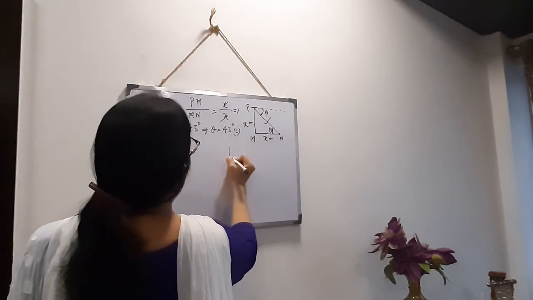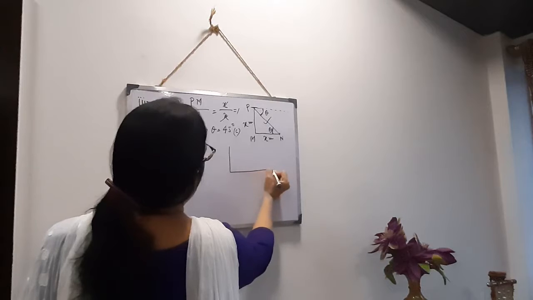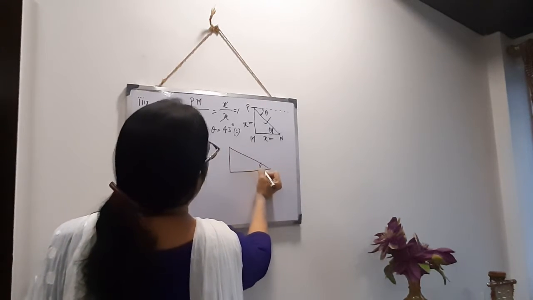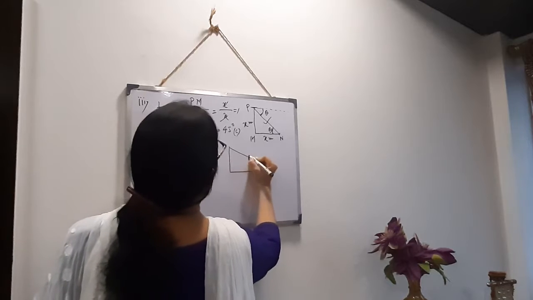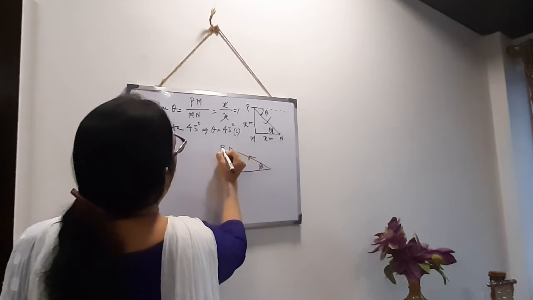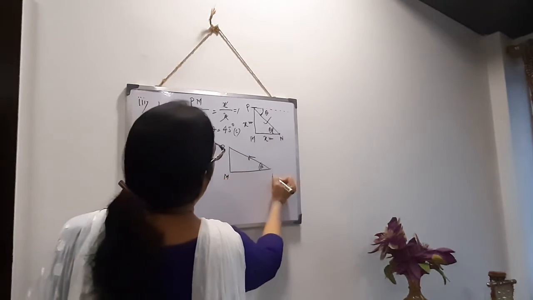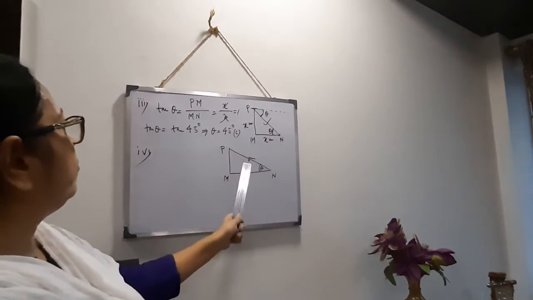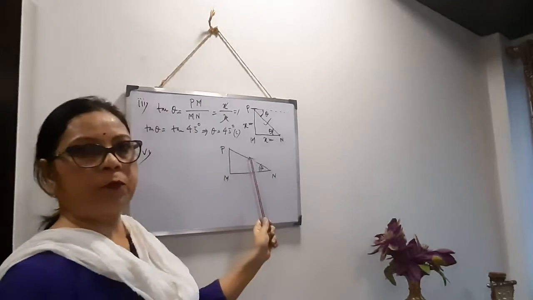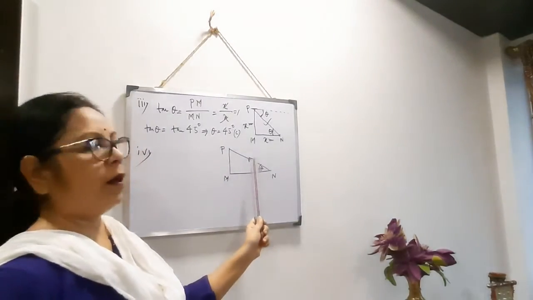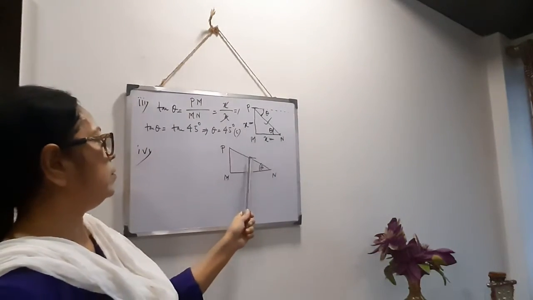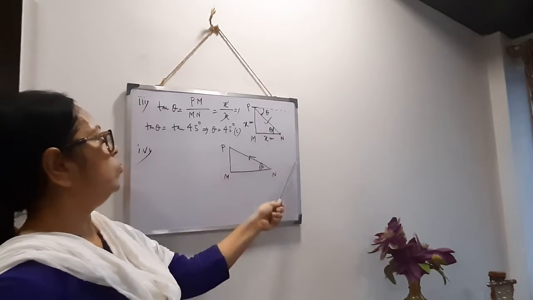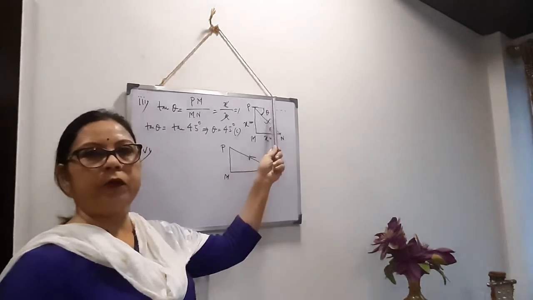Here height given, distance given, angle of elevation not given. This is suppose theta. P, M, N. You have noticed maybe that here I am giving an arrow upwards. That means the observer is looking here. This is the angle of elevation. And here I have given an arrow downwards. That means it is the angle of depression.